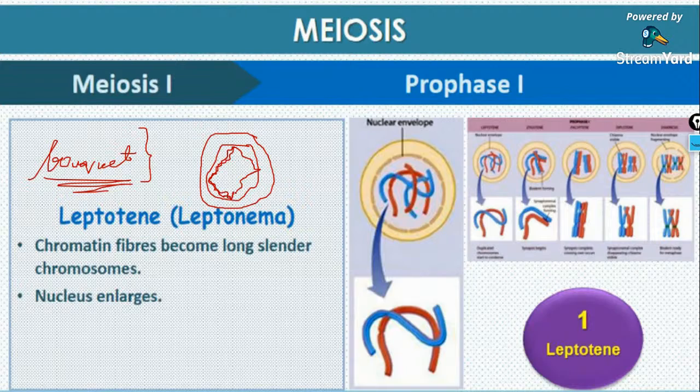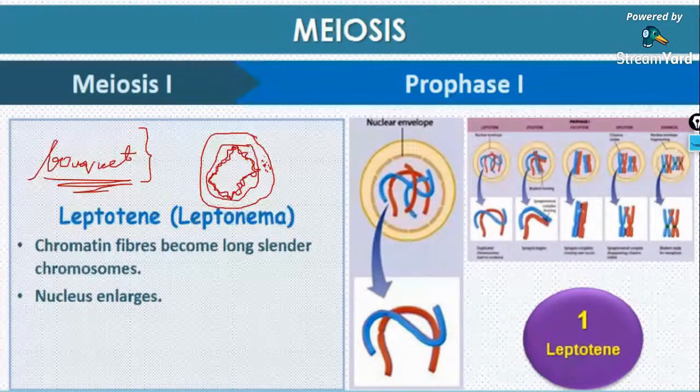In the leptotene stage, the chromosomes form the bouquet arrangement, along with the centrioles.